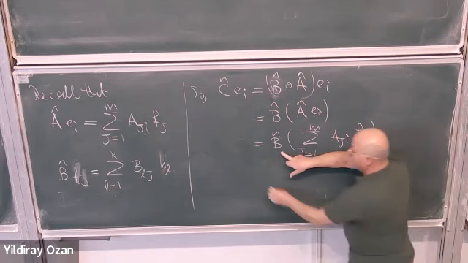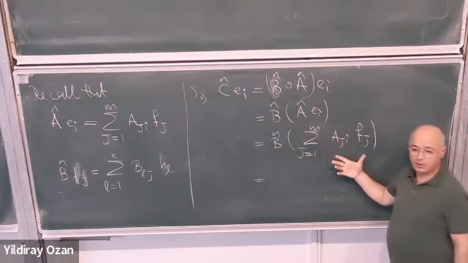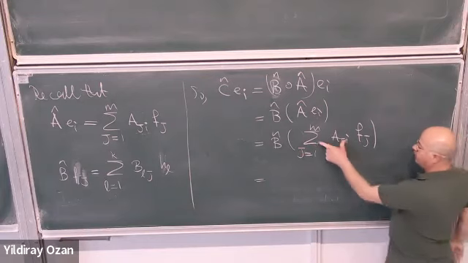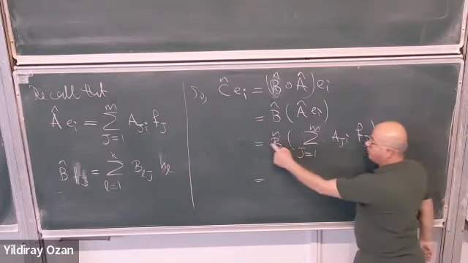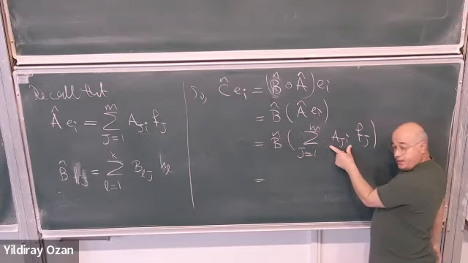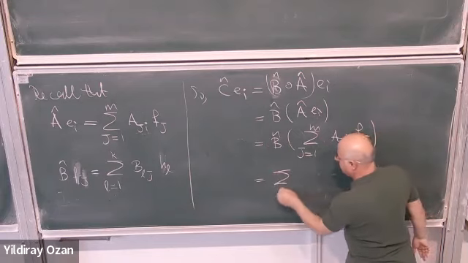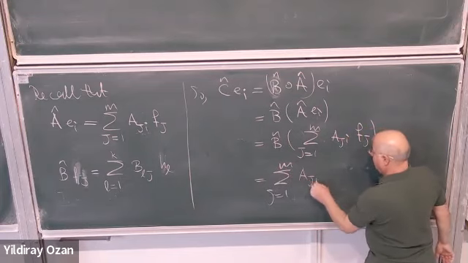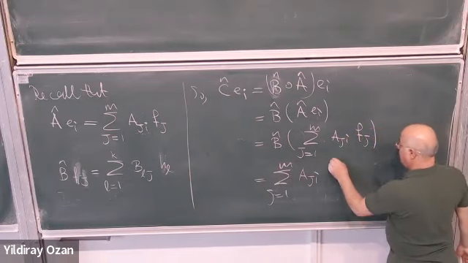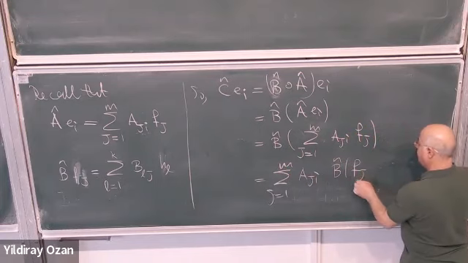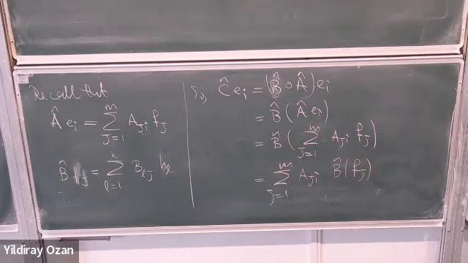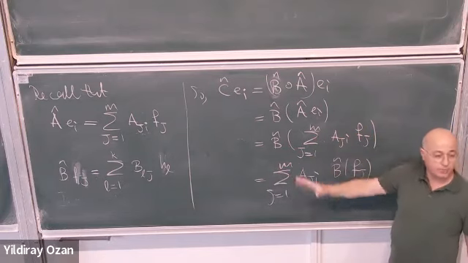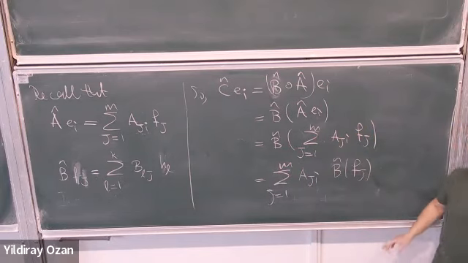Since this is a linear map, it respects linear combinations, so I can take this sum outside and these scalars outside and write this: a_ji B hat of f_j. Okay, so I just took the sum outside and these constants outside because B is a linear map.